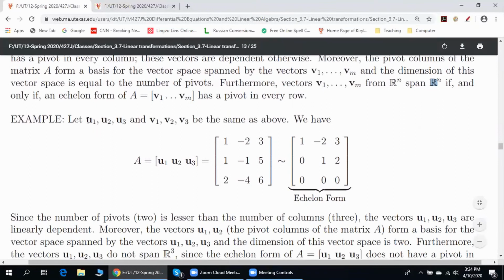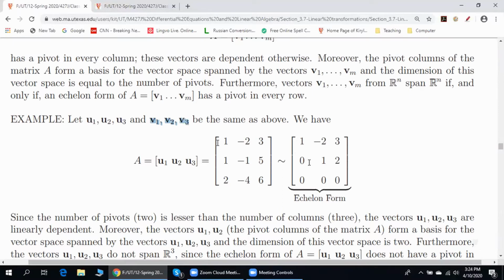Example, let us go back to our vectors u1, u2, u3, v1, v2, v3. We create the corresponding matrix. We apply elementary row operations to come up with an echelon form, and we see that the echelon form has only 2 pivots, but we have 3 vectors. Conclusion, vectors are dependent.